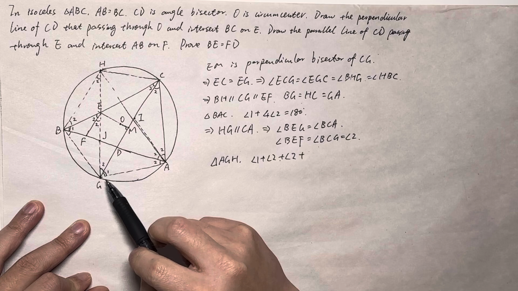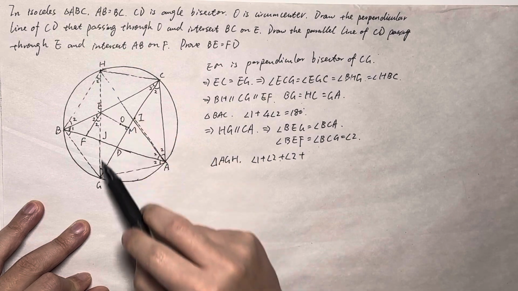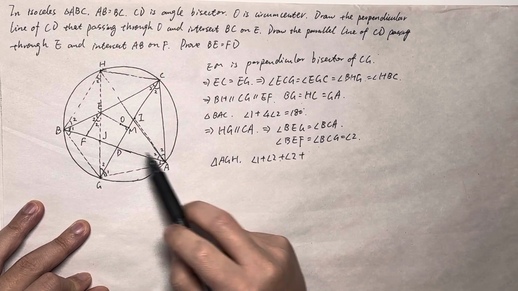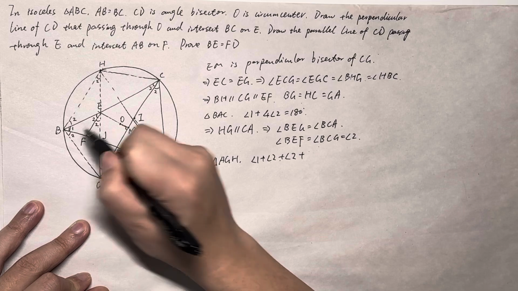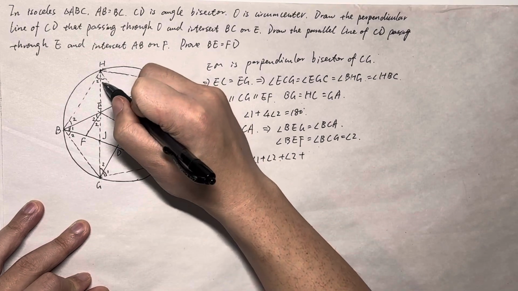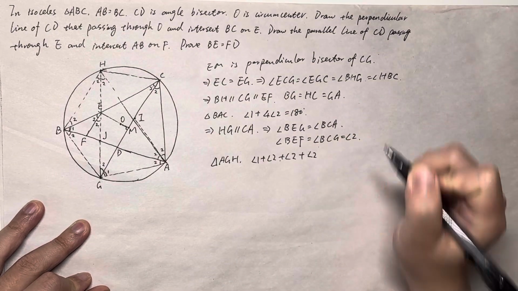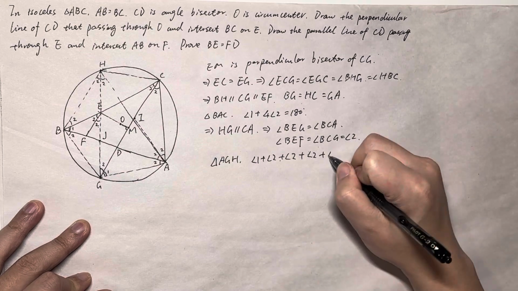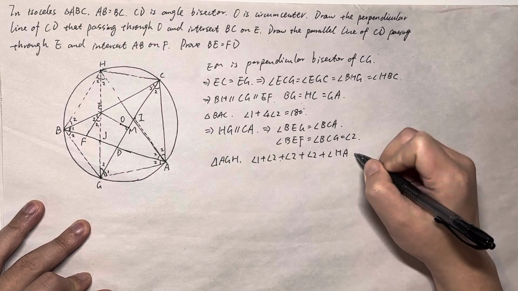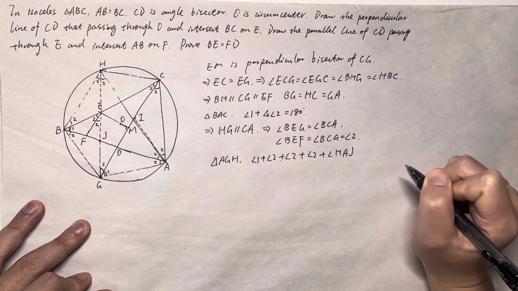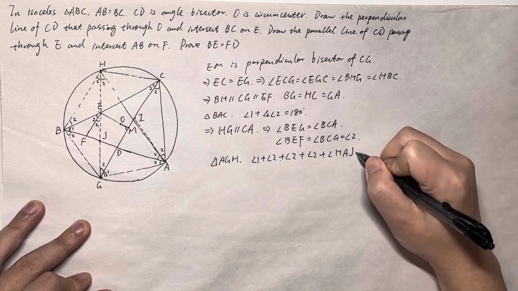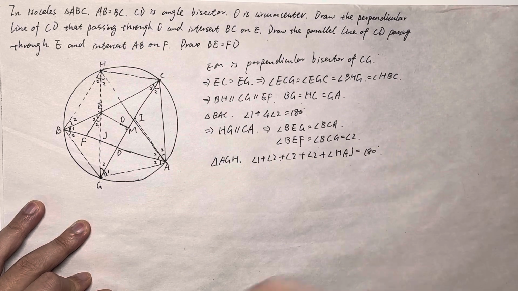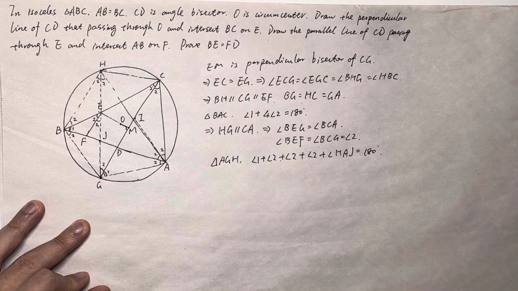Plus angle AHG, that equals angle ABG, which is angle 2, and plus angle HAJ, that equals 180 degrees.